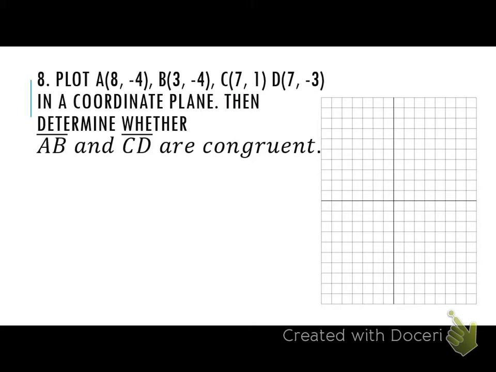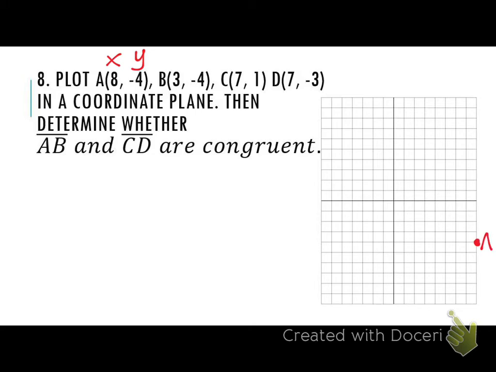All right, so we're going to plot some points, starting with 8, -4. 8 is my X, so what direction will I go? To the right. 8, 1, 2, 3, 4, 5, 6, 7, 8, and then I will go down 4. 1, 2, 3, 4.